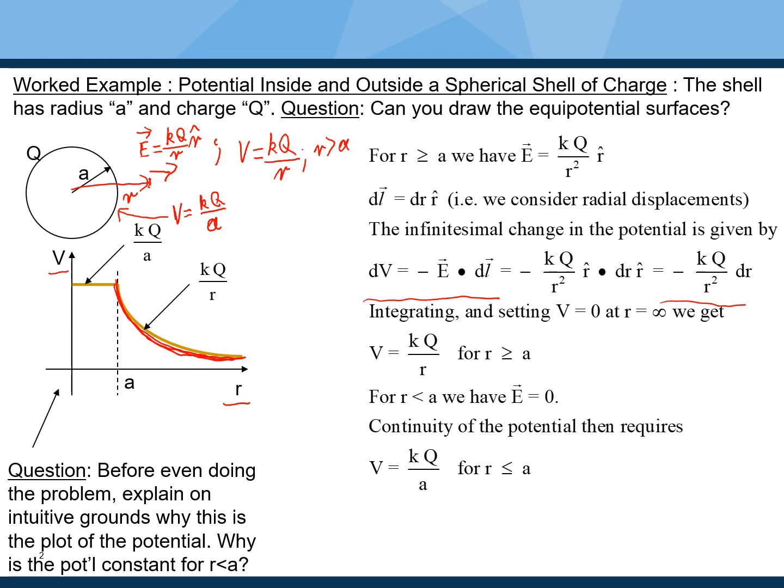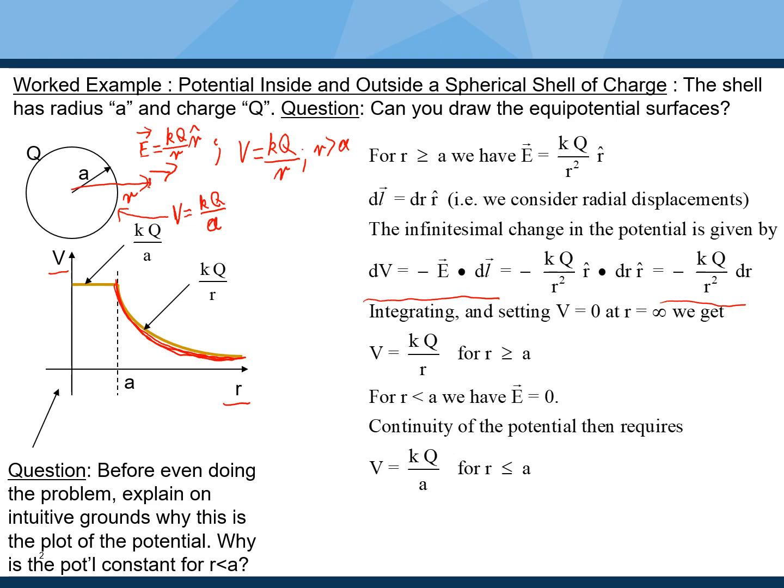Now let's go ahead and ask, what is the potential in the interior of the spherical shell? Notice that the spherical shell is devoid of any charge on its interior. And therefore, from Gauss's law, we can deduce that the electric field in the interior of the entire spherical shell is exactly 0.